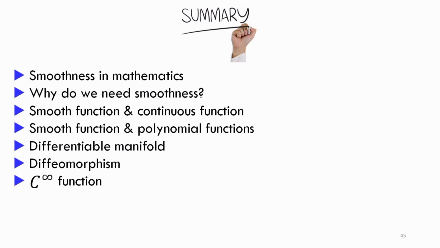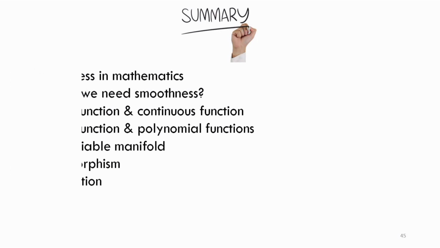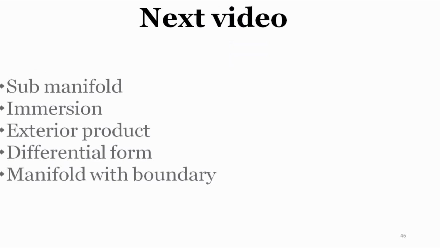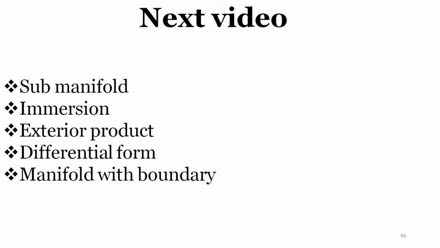We demonstrated a lot about differentiable manifolds, what they look like, what a diffeomorphism is, taking three important components of the definition, and what a C infinity function is. I know it has been a long video, but these are important concepts to get a hold of differential geometry. In the next video, we will be speaking about submanifold, immersion, exterior product, differential form, and manifold with boundary.